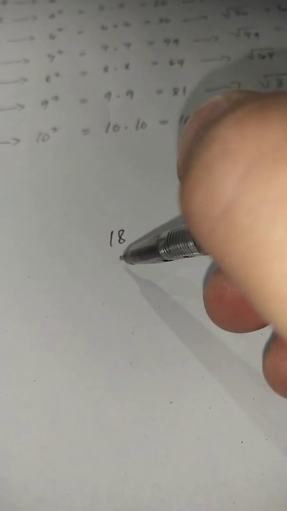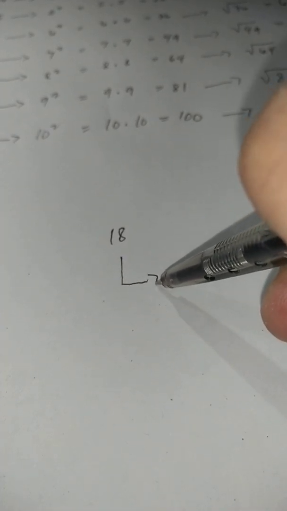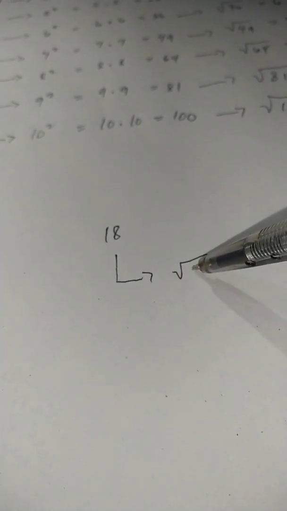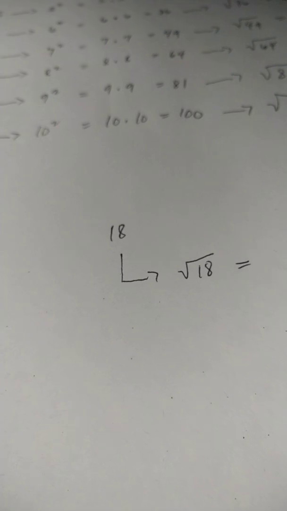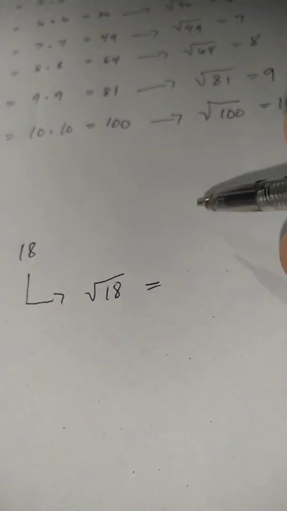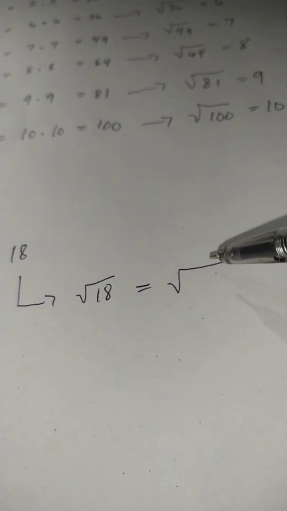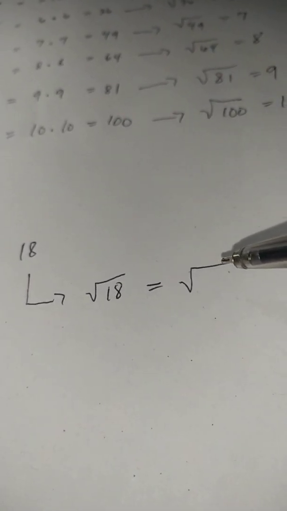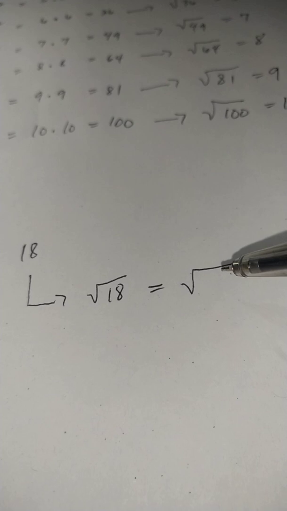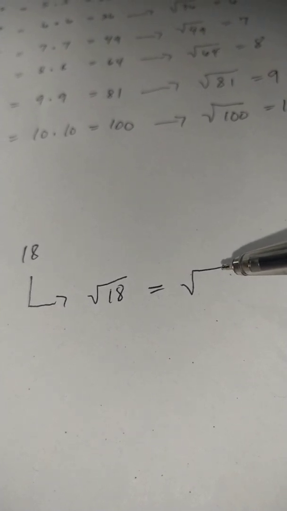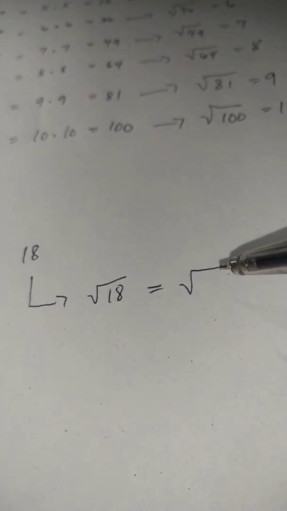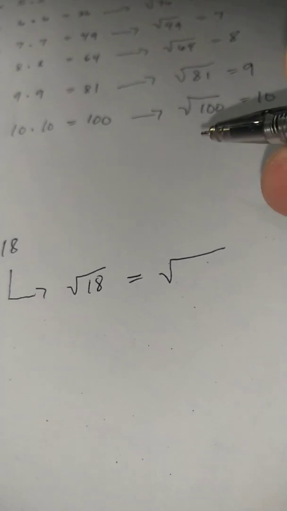So what we can do to extract the square root of 18, the square root of 18, we have to factor 18. We have to get the factors of 18. Our goal is to identify factors of 18 which are perfect squares.